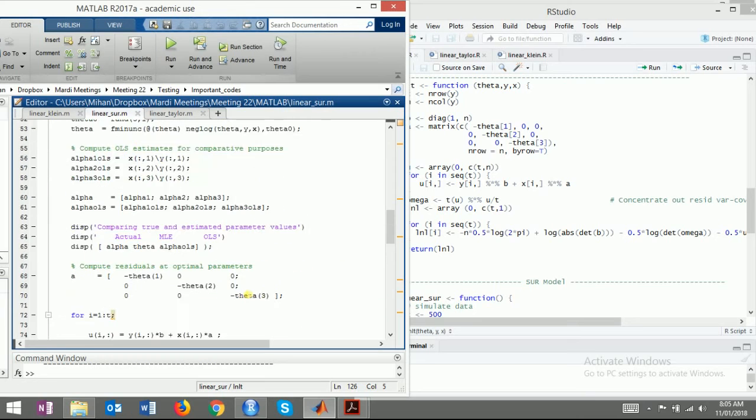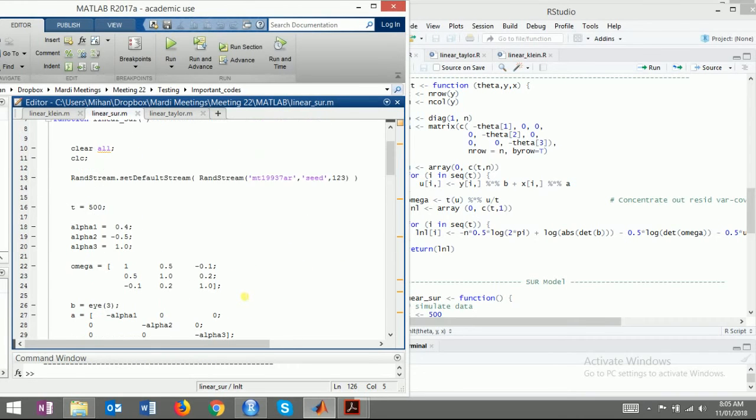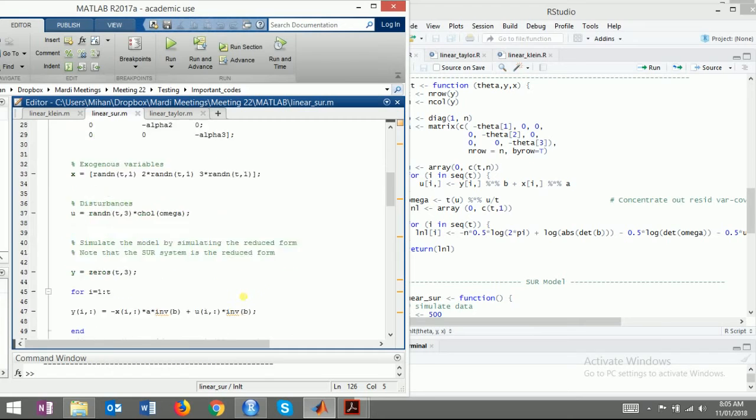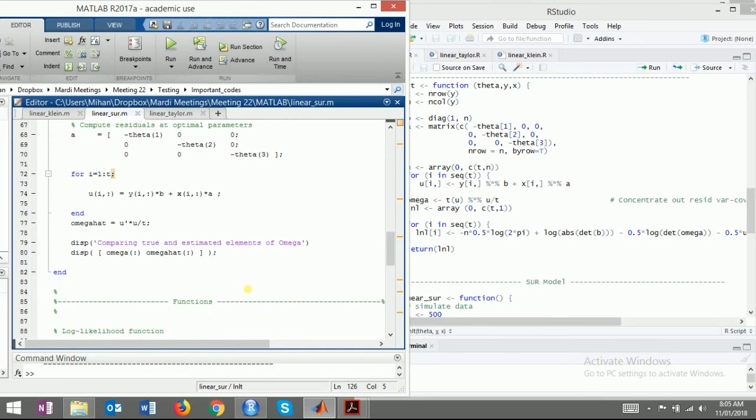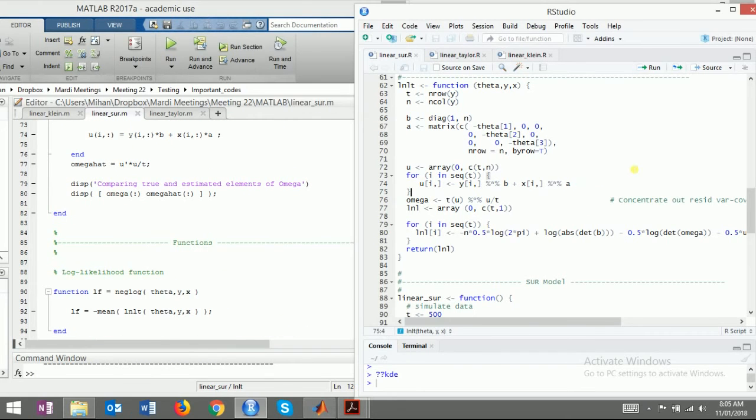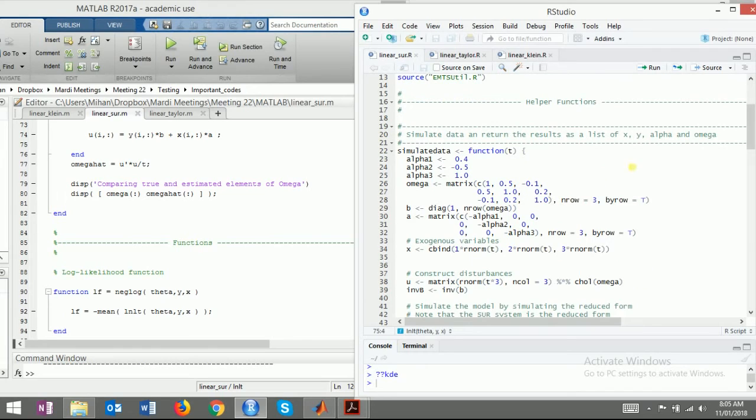Before the log likelihood there must be a simulation local function. I see in MATLAB it's not there, so again, simulation with omega.